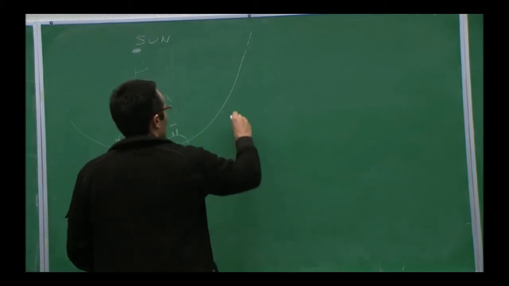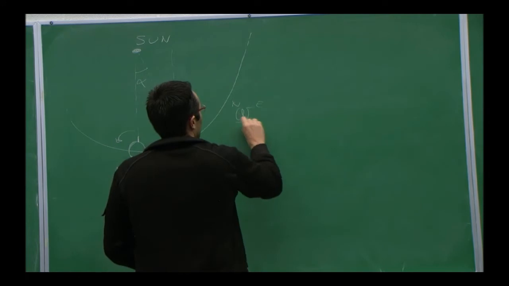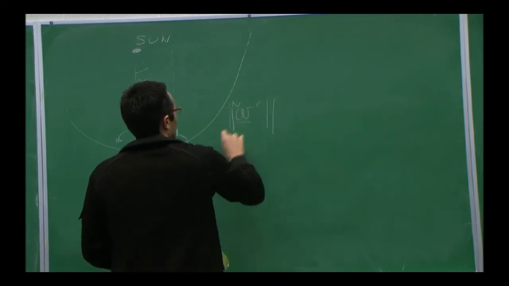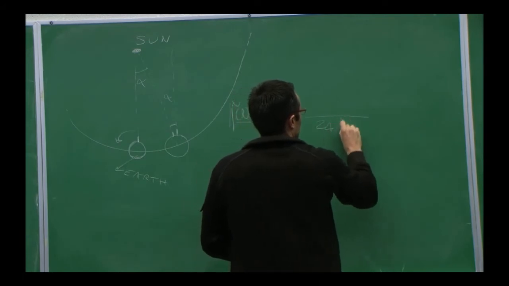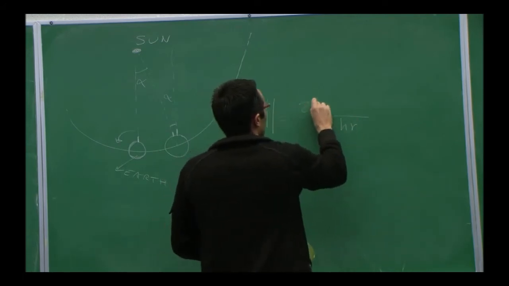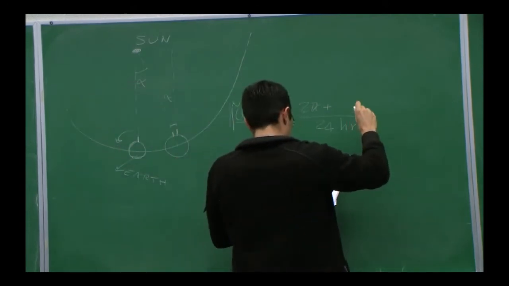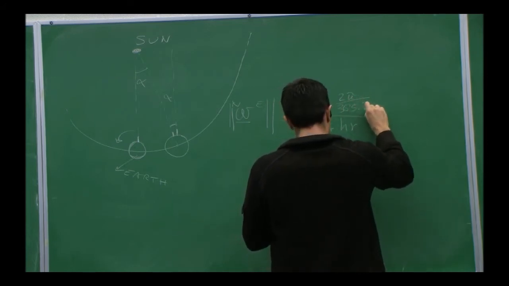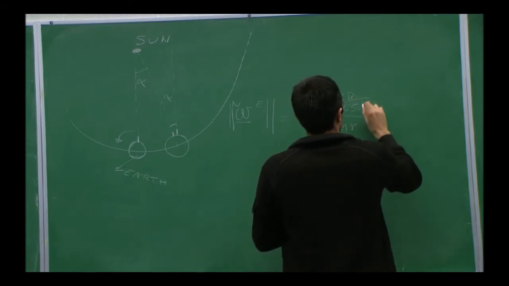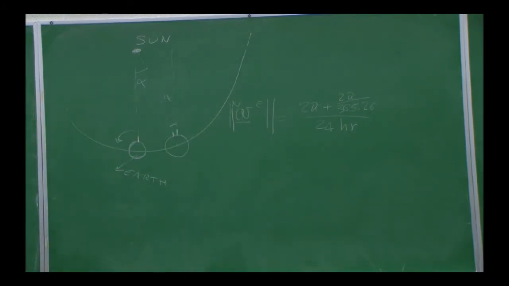So why am I doing this? Well, because my way of computing the angular velocity is the following. Omega E, the norm of this, is, well, I want to divide by 24 hours. Well, then here I have to put 2 pi plus this alpha angle. I'm just going to give it to you. It's 2 pi over 365.26, which is the duration of a year, right?